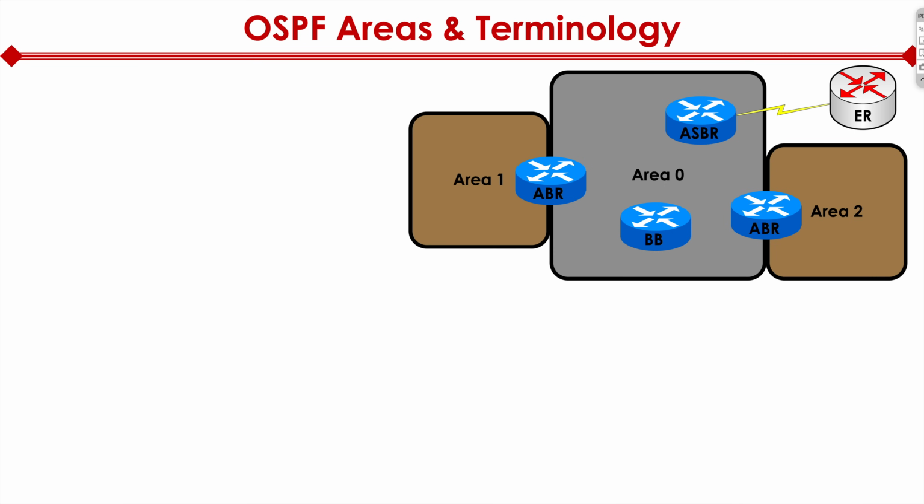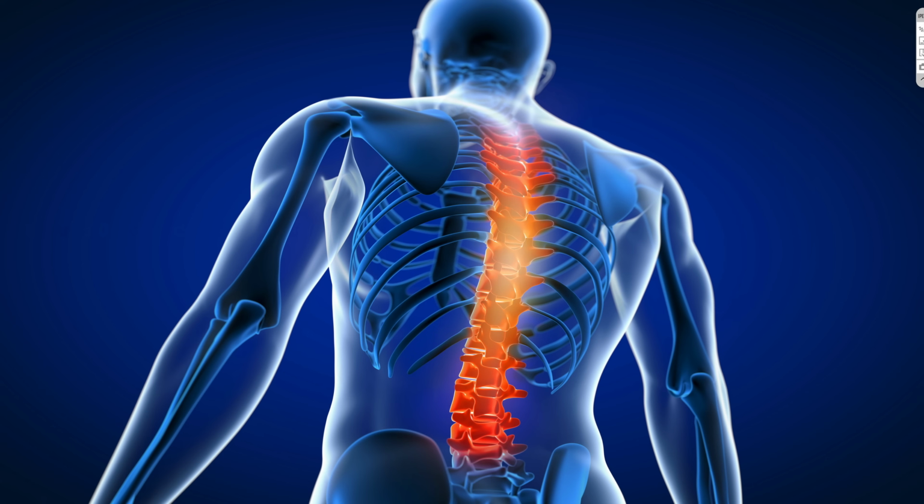Now let's quickly look at OSPF areas and terminology. OSPF has what's called Area 0, and it's considered a backbone area. The best analogy I can give you for the backbone area is the human backbone.